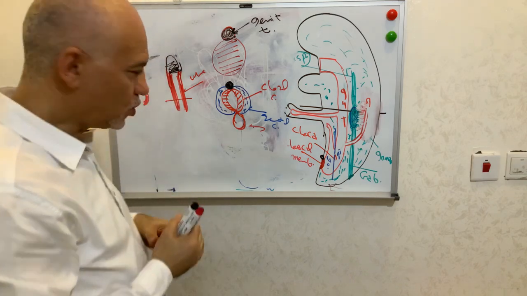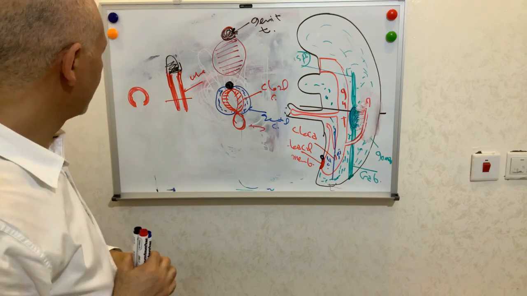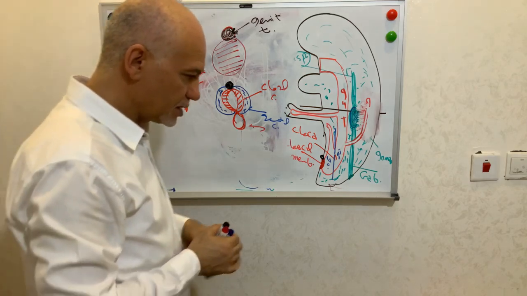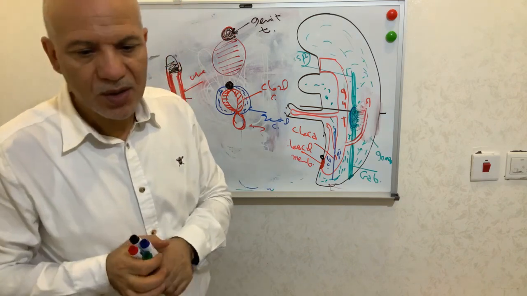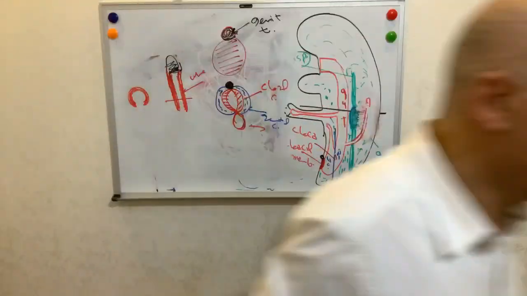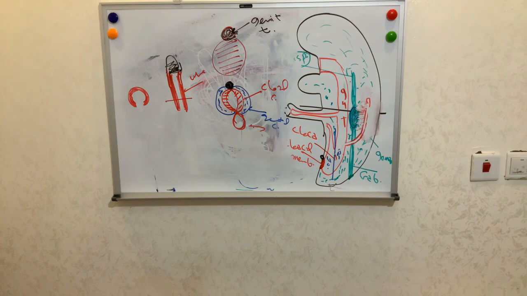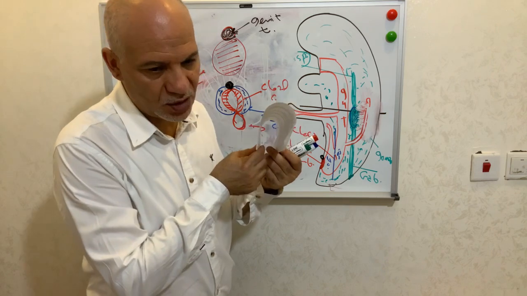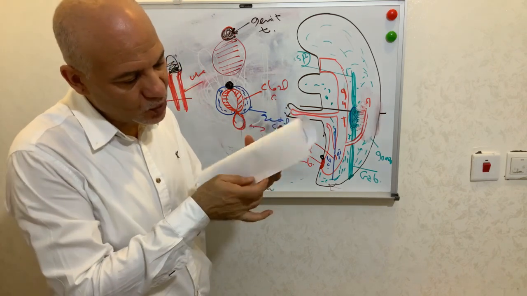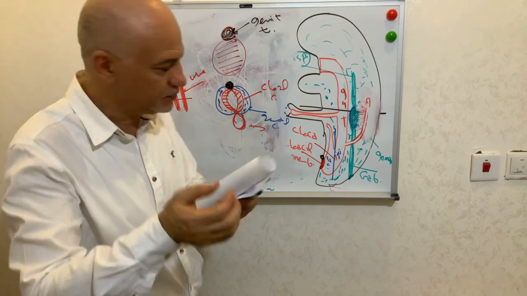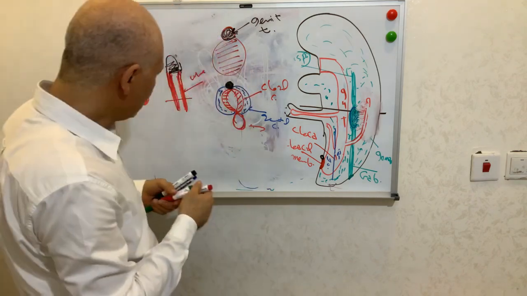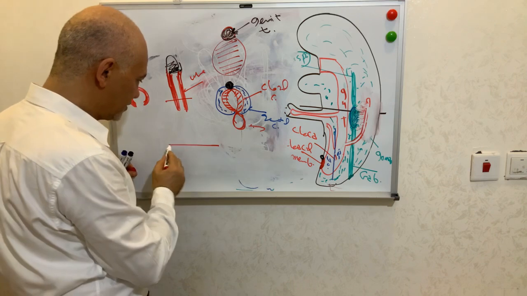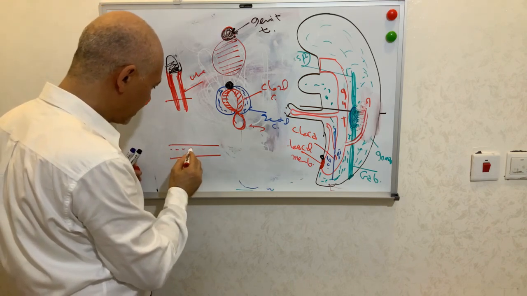The urethral fold opens downward. Later on the urethral fold closes completely to form a urethra. Now this is the urethra present here.